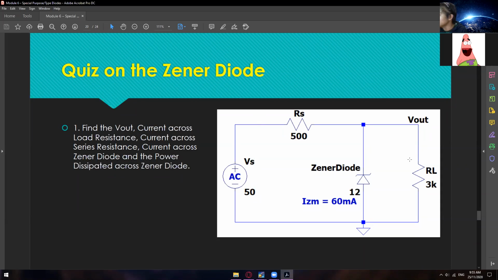And the V out, if ever this one is working under the Zener voltage breakdown or the avalanche breakdown. Okay, so this is number one.